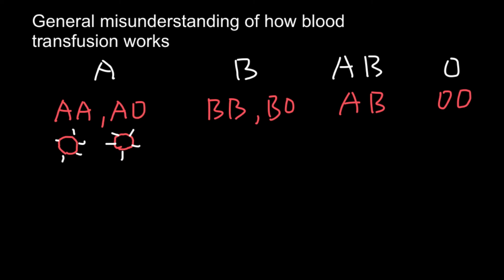It's only different from allele A in that allele A produces a protein that provokes an immune response from the organism if we transfuse it to a different blood group. But allele O would be just a variant of this allele that doesn't produce an immune response. So in order to make the picture simple, I just don't put it here. We can say that this allele is not present at all. This is just for simplicity.